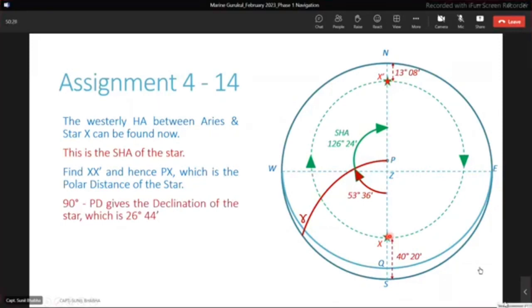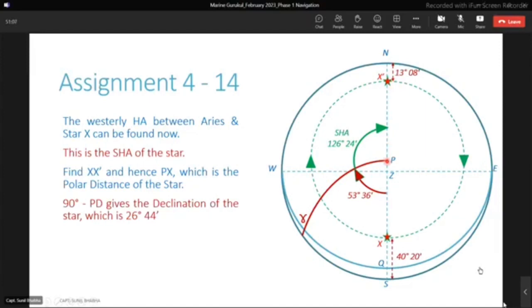Now if I divide the diameter by 2, I get the radius of this particular circle. The radius of this circle is PX dash. This radius of the circle which I am getting is basically the polar distance of the star. This is the pole and point X or point X dash is the star. So PX or PX dash, both representing the radius of the circle, give me the polar distance of the star.